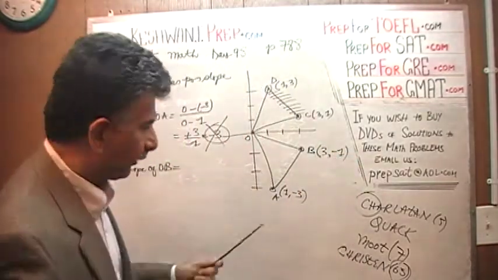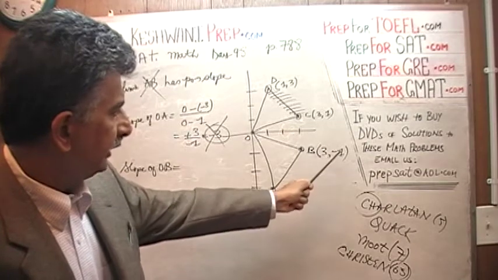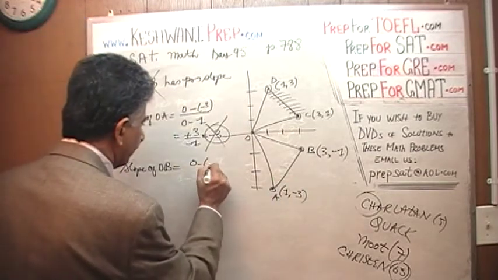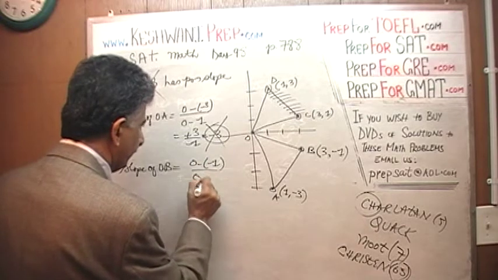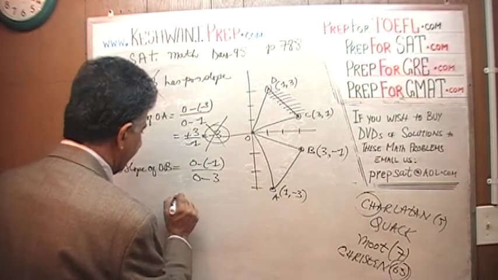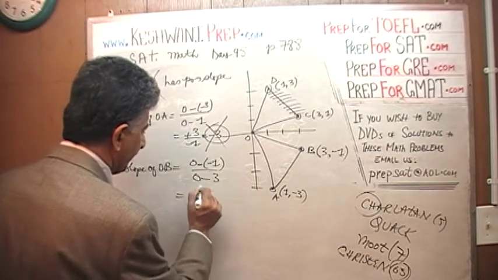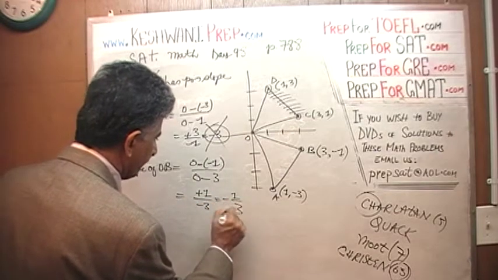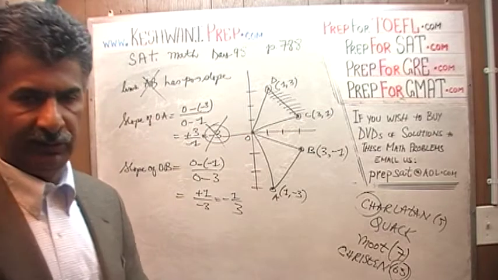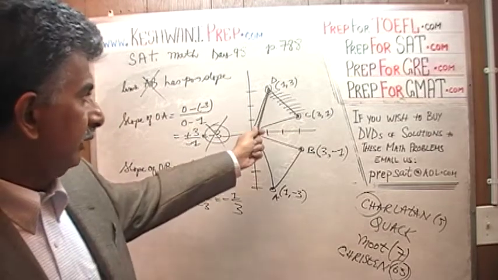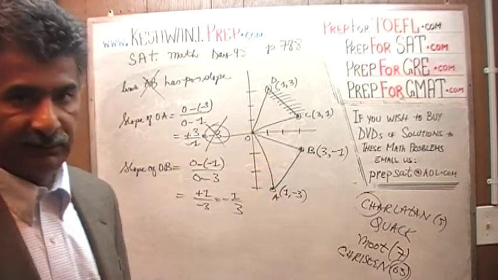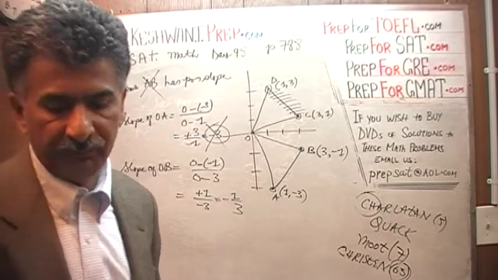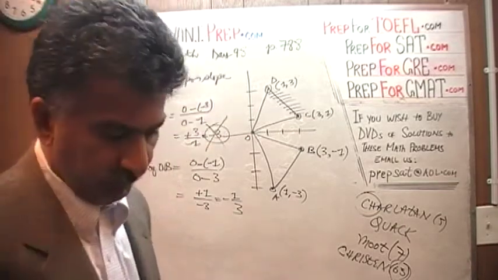So going from 0, 0 to 3 and negative 1, we have 0 minus 1, the change in y, over 0 minus 3. This minus and this minus becomes a positive 1 over a negative 3, a slope of negative 1/3. So this is shallower than DC. It doesn't have a slope of negative 1, obviously, because you can't have more than one right answer.